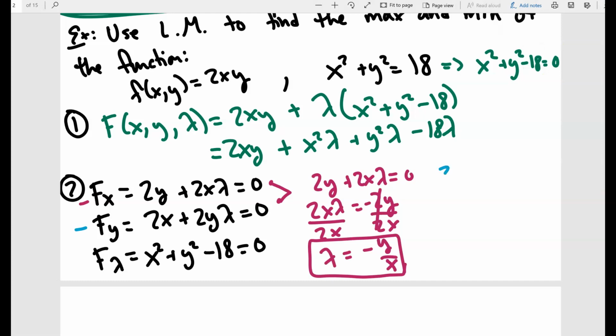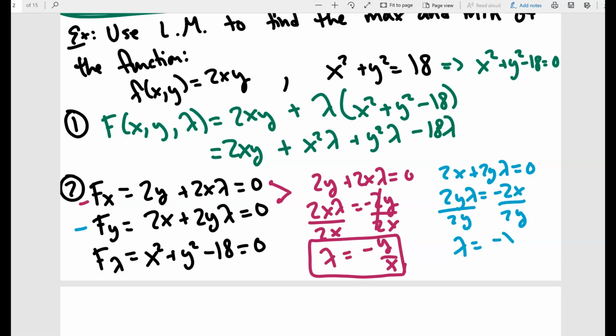Okay, so I'm going to write 2x plus 2y lambda is equal to 0. I'm going to move the 2x over, so 2y lambda is equal to negative 2x. Then I'm going to just divide by 2y, and I'm going to have lambda is equal to negative x over y. Okay, so here is my second solution.